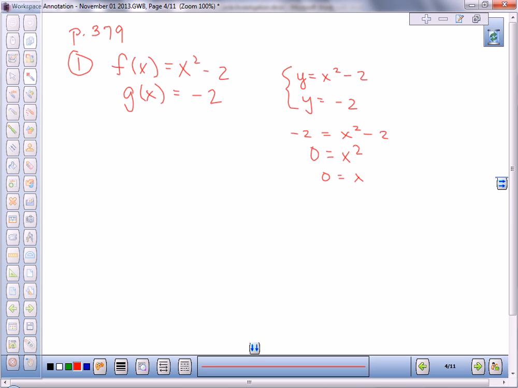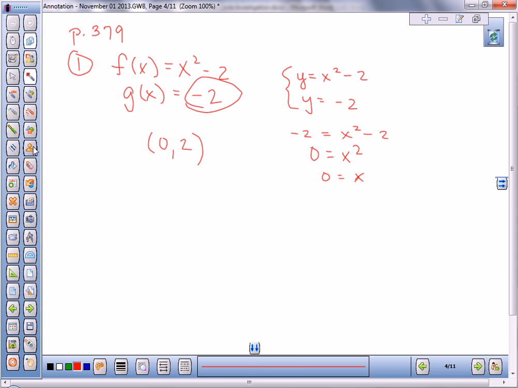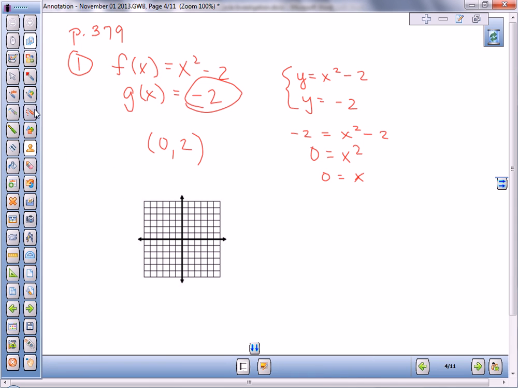It already says that y is negative 2. So we know this one only has one solution, and the solution occurs at the point (0, negative 2). If we graphed it, we would have this parabola, which we ought to be able to graph in our sleep now.